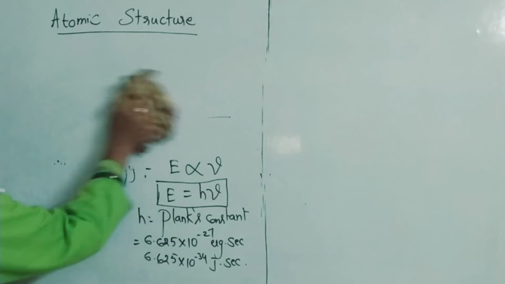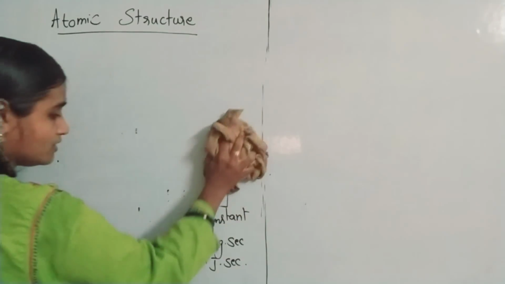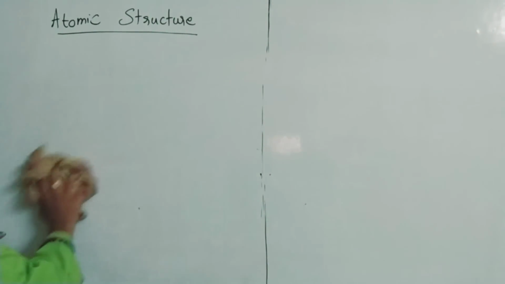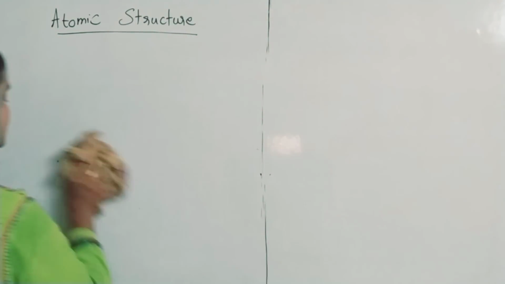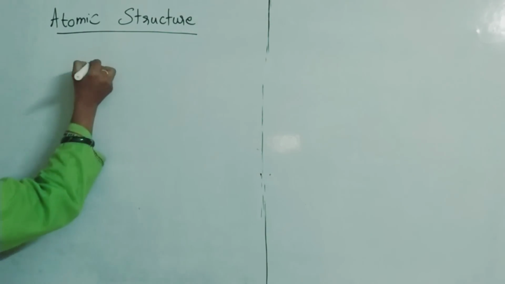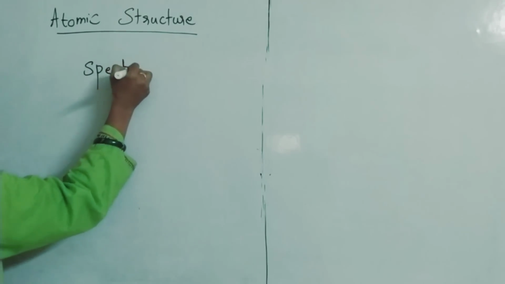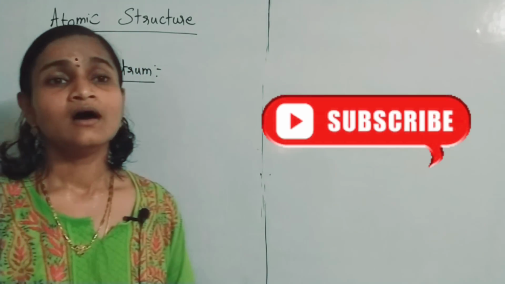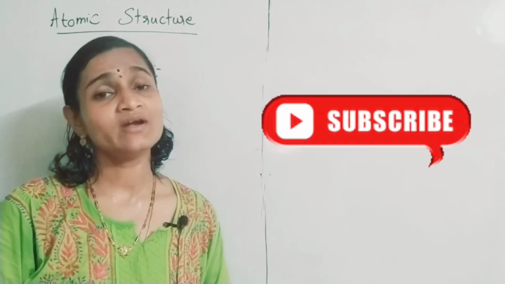Next we go for another topic in this atomic structure lesson, which is called spectrum. Do you hear about the word spectrum? Yes. Electromagnetic radiations altogether we call the electromagnetic spectrum. Spectrum is the arrangement of different electromagnetic radiations of different wavelengths or different frequencies.